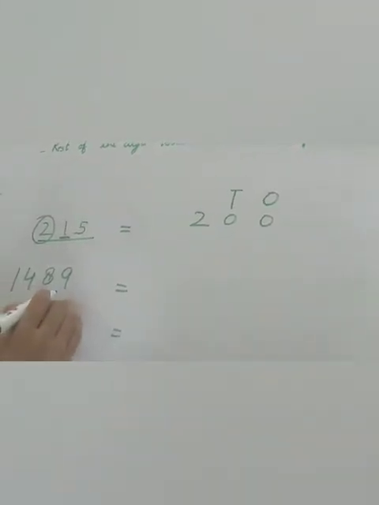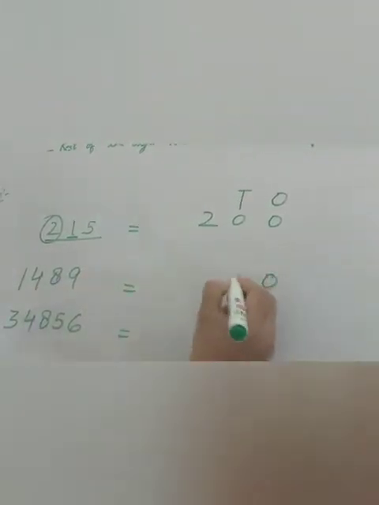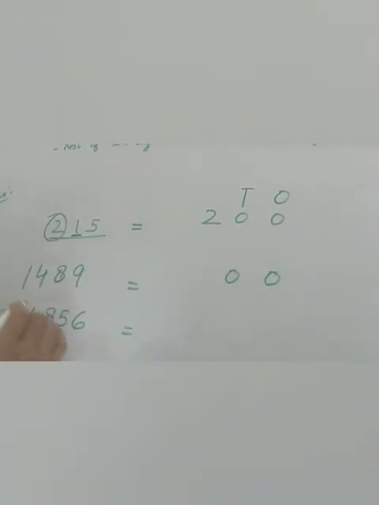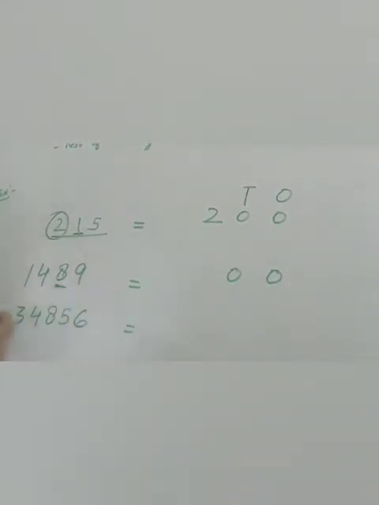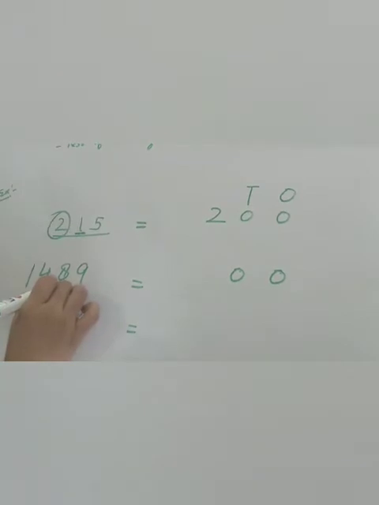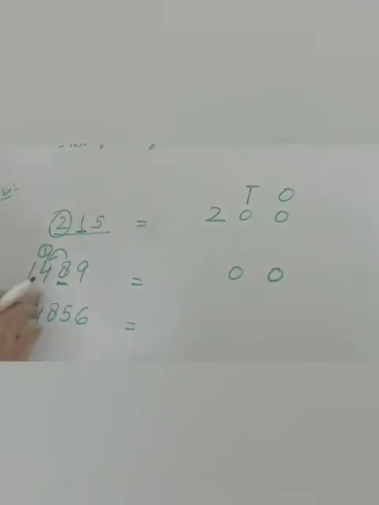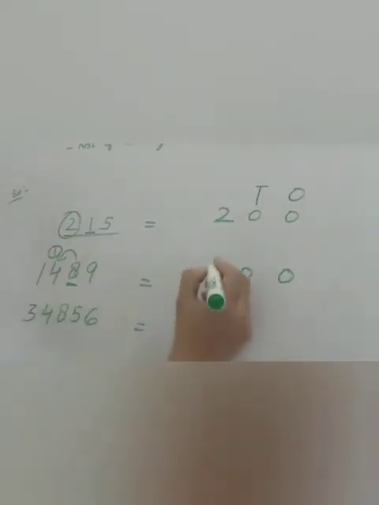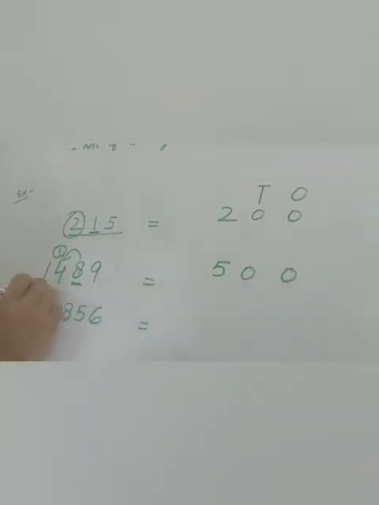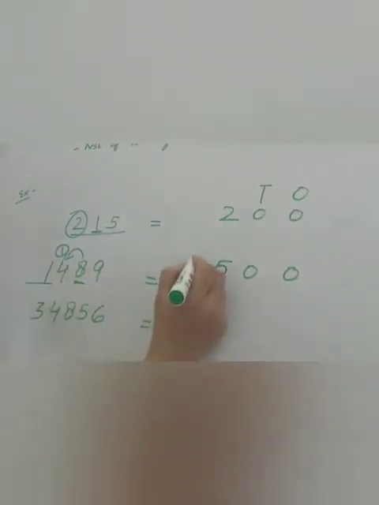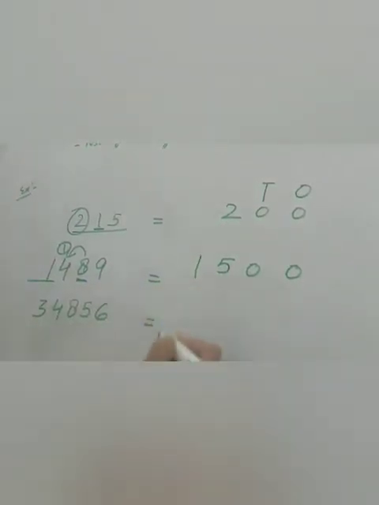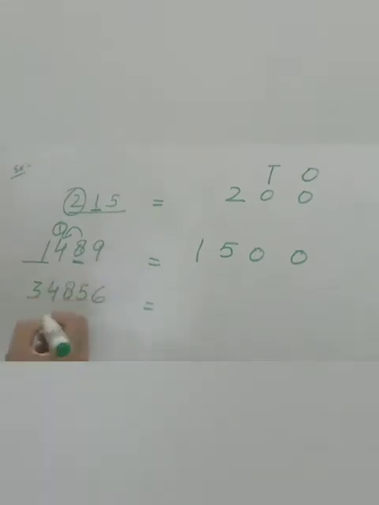Come to the next example. First put the 0 at ones and tens place. Right? Now see the tens place number. It is 8. It is more than 5. So we will add 1 in the 100 place number. So 4 plus 1 is 5. And rest of the digits would remain unchanged. Means 1500. Okay.